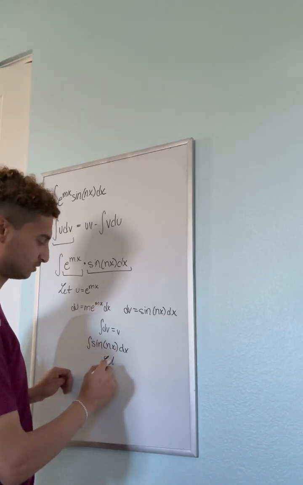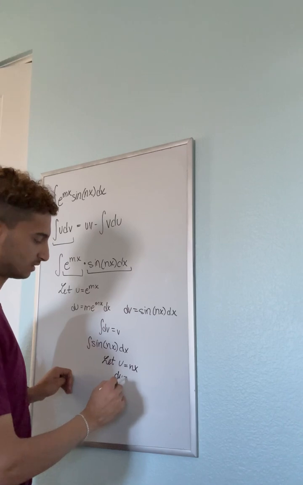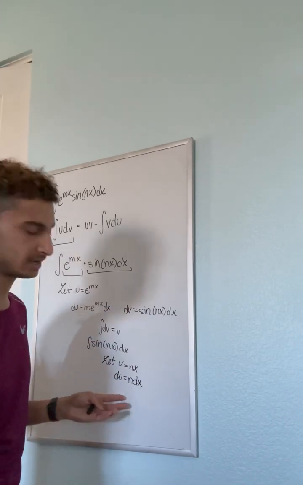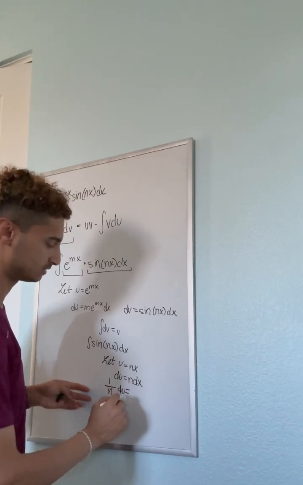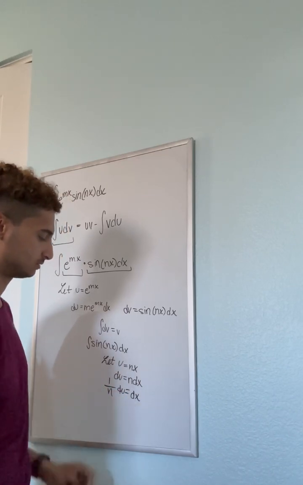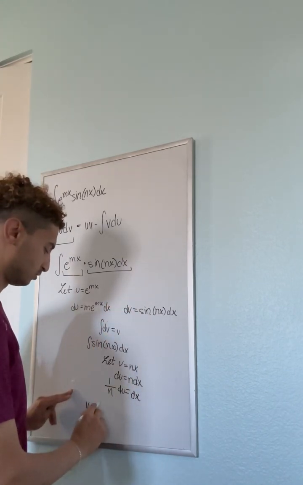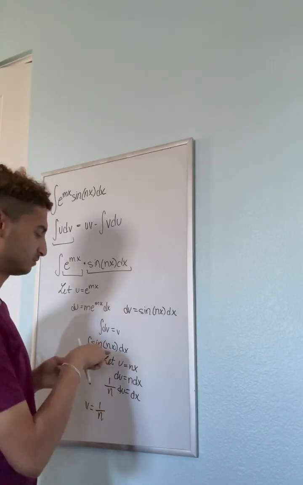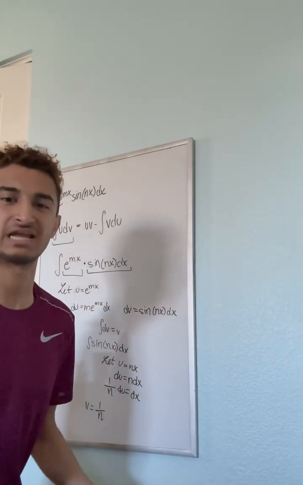So if you let u equal n times x, then you can see how du would be n times dx, or rather, more simply, 1 over n times du is equal to dx. So you can see how v would equal 1 over n times the integral of sine of x, which is just negative cosine of x.